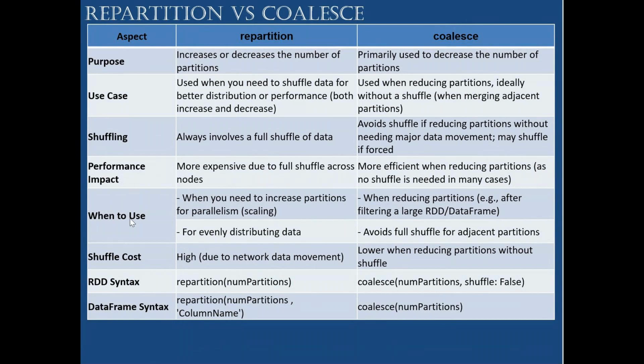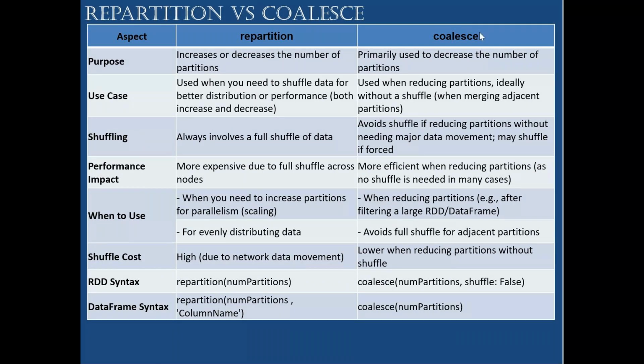When to go for repartition? When you need to increase the partitions for parallelism. If you want to increase, you don't have any other way; you need to go for repartition. Also for evenly distributed data. What is evenly distributed data? I'll explain that in detail. So we can go for repartition when you want even distribution.